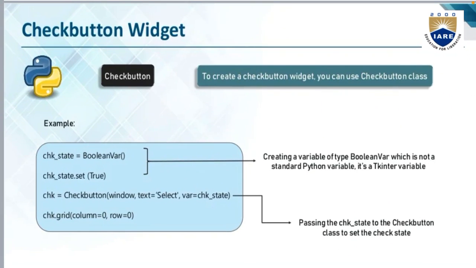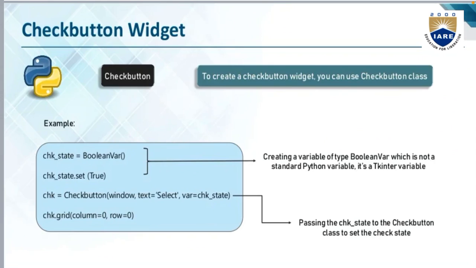Next, the check button widget. You all are aware of some types of buttons, that is check button, radio button, etc. Here is how to add a check button, we will see in this slide. To create a check button widget, you can use the Checkbutton class, and the syntax goes like this. chk_state equals to BooleanVar, then chk_state.set of True.